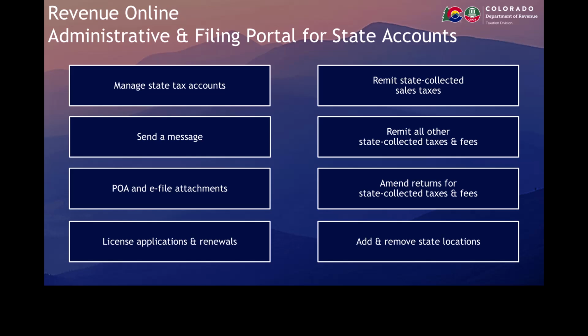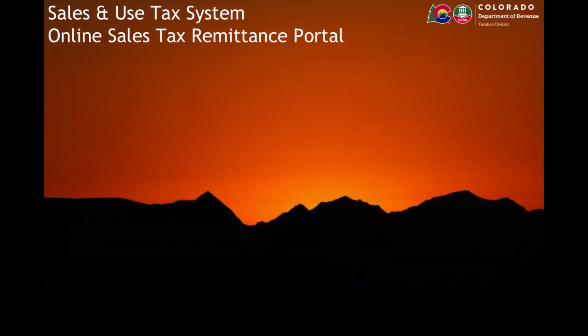Here's another important reminder. Sales taxes for self-collecting cities cannot be remitted through Revenue Online and must be remitted using SUTS or directly to each Home Rule self-collecting city. SUTS is primarily used to remit sales taxes to the Department of Revenue and Home Rule self-collecting cities in one step.